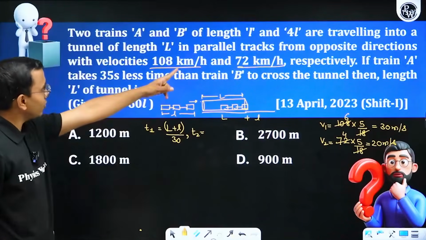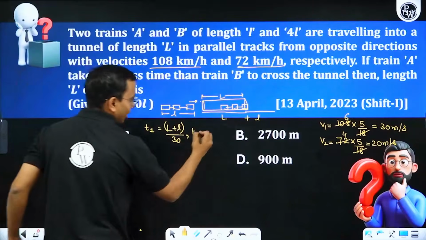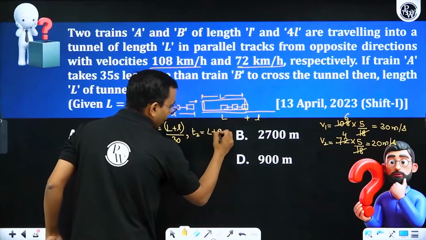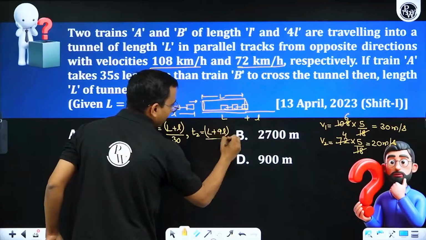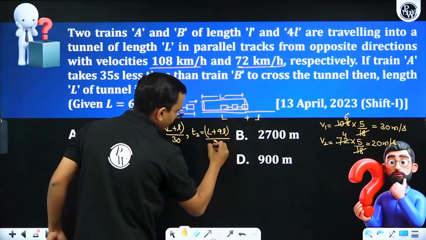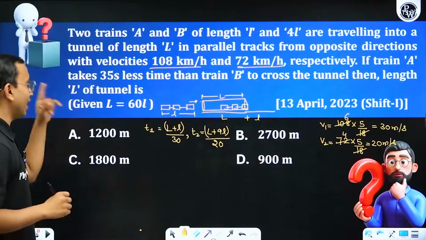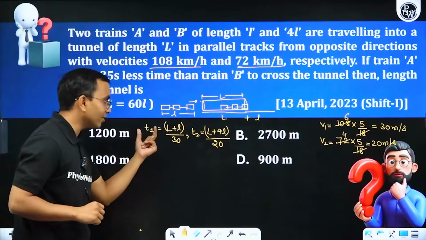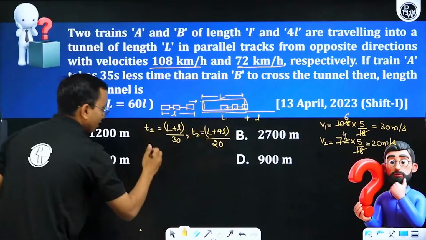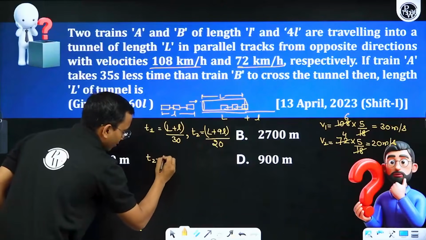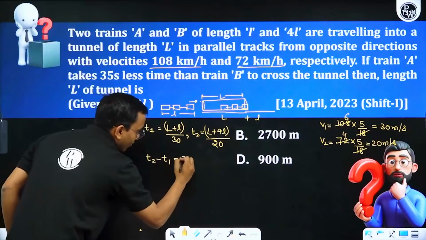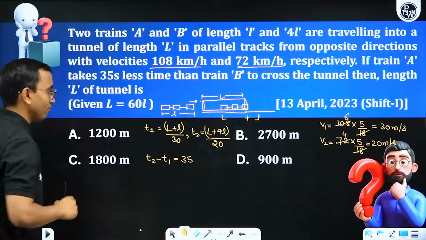The length of the train is 4l, length of the tunnel is the same capital L. So L plus 4l divided by the speed, that is 20. And here it is mentioned train A takes 35 less. This T1 is 35 less. It means T2 minus T1 is 35. Now we need to solve it.